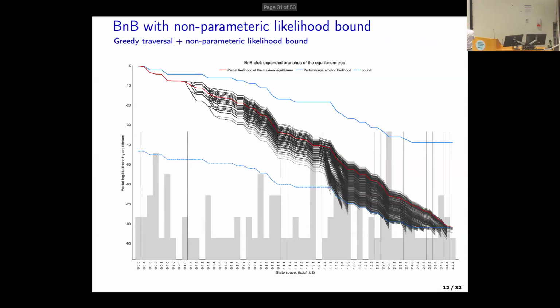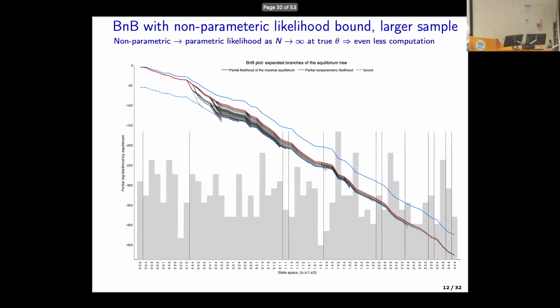And so it will be closer and closer to the red line. And that means that as I shift it over here, I'm cutting out more and more of the computations. The sharpness of this bounding function increases with the sample size. At the truth.